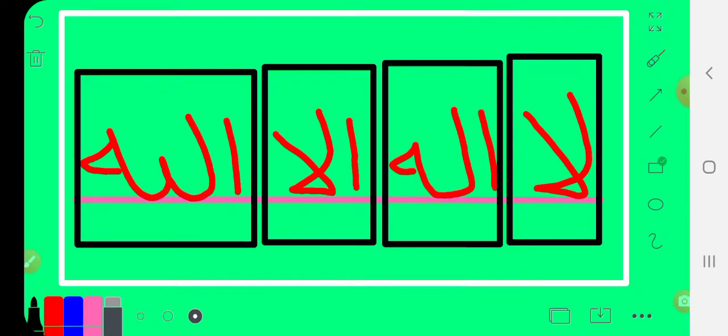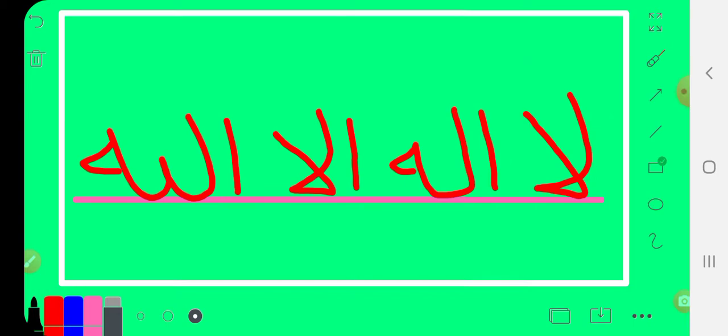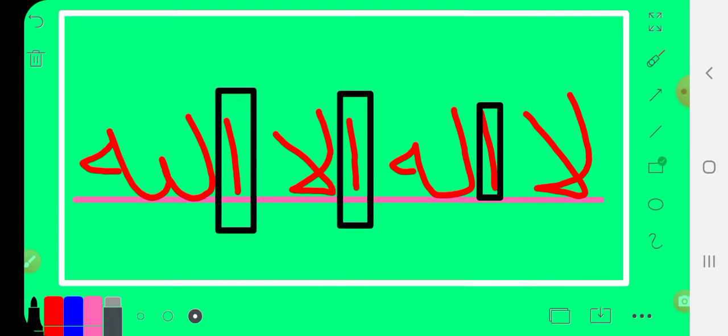Okay, right, so in these words there are in fact only three letters. And the first letter is the alif, right? That's the alif there. There's another one, and there's another one.